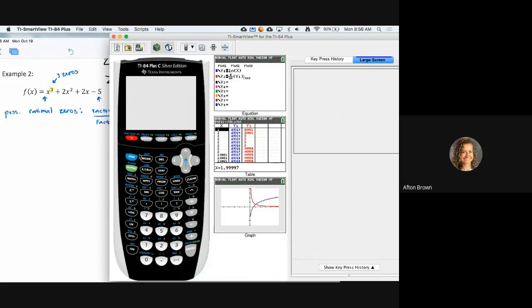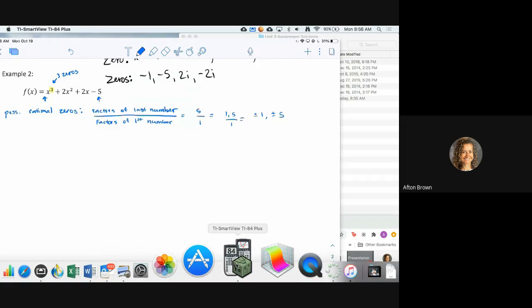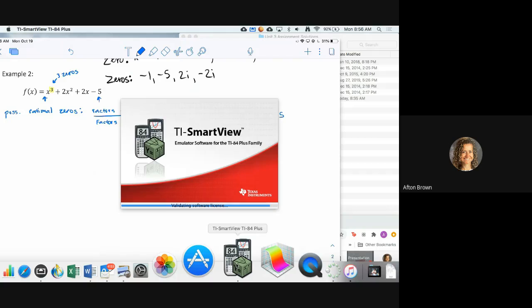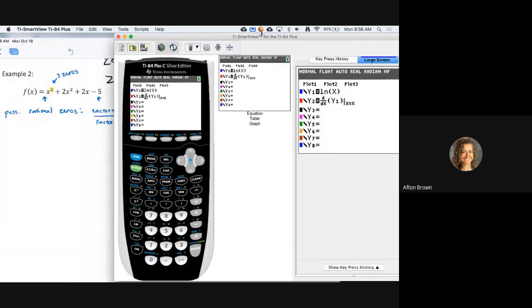Come on, calculator. Nothing is cooperating. Mine isn't showing. Okay, I'm going to try to close it and just reopen it. It's Monday's fault. I know, it's Monday. Okay, yeah, at least it's turned on now.